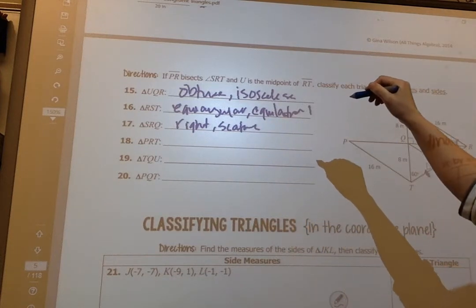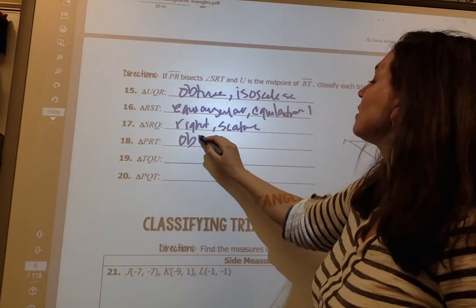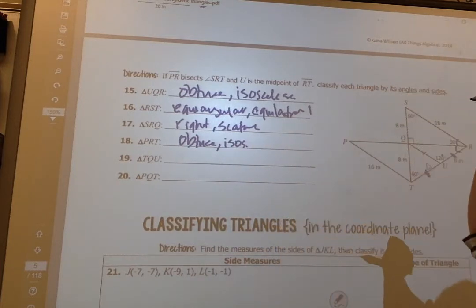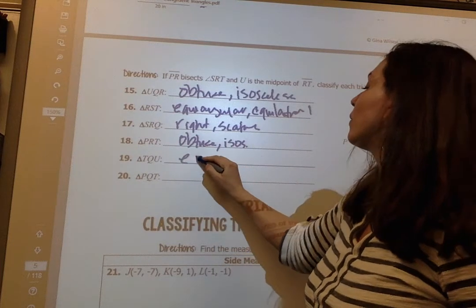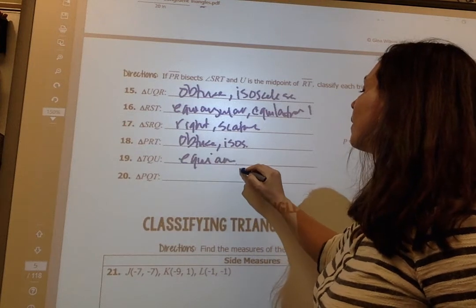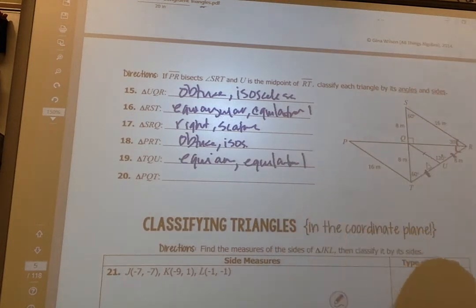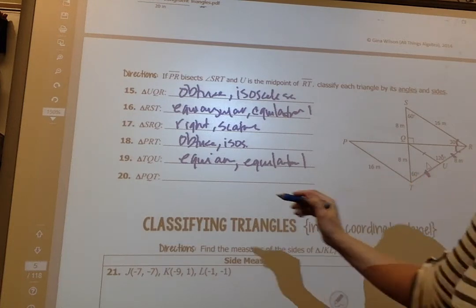Number 18, we should be getting obtuse isosceles. Number 19, we should be getting equiangular equilateral. I know I'm abbreviating and I shouldn't be. And triangle PQT is a right scalene.